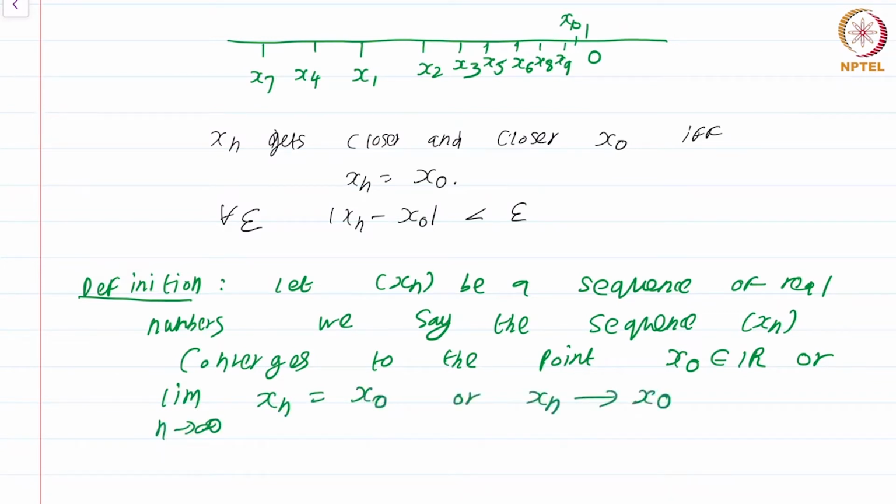We will use both notations, limit n going to infinity xn equal to x0 and xn converges to x0. Xn converges to x0 is just denoted by xn right arrow x0.